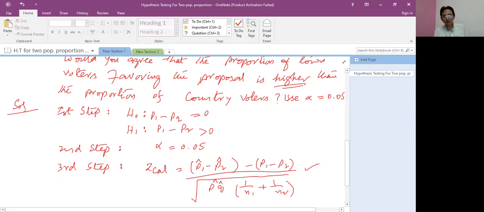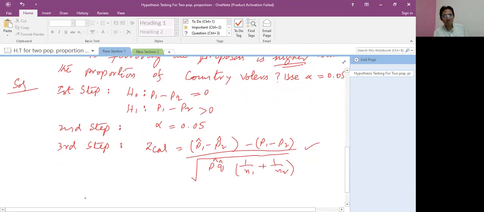So first we determine P1 cap, which is X1 over N1, 120 out of 200, so it is 0.60.